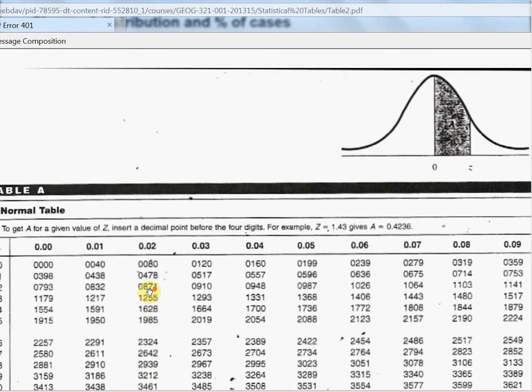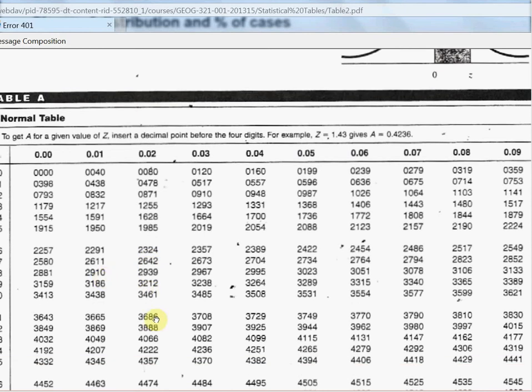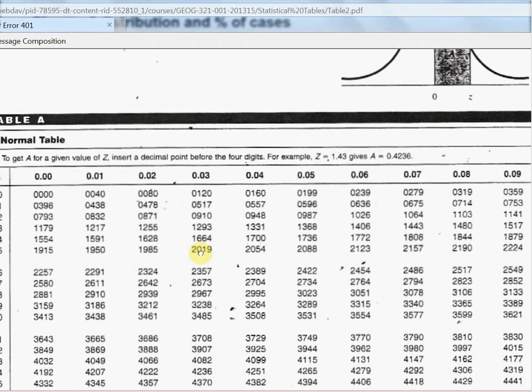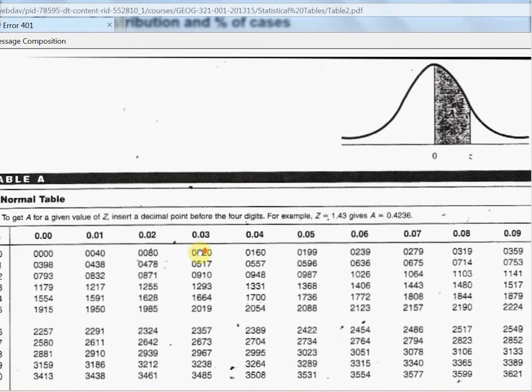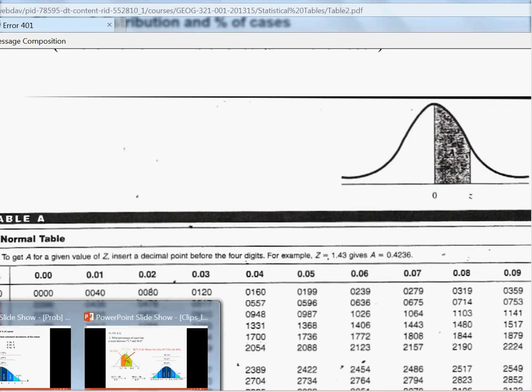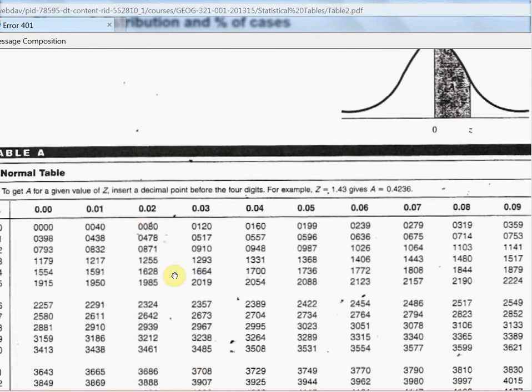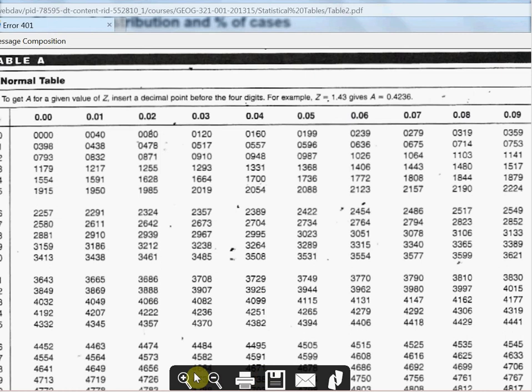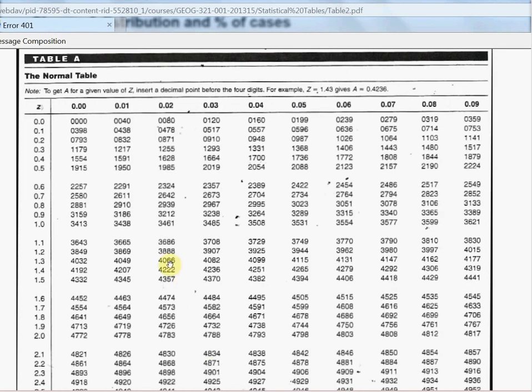This is a normal table that contains z-scores. Let me make the table smaller so you can see everything here.